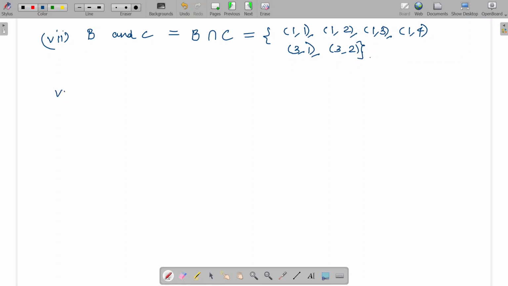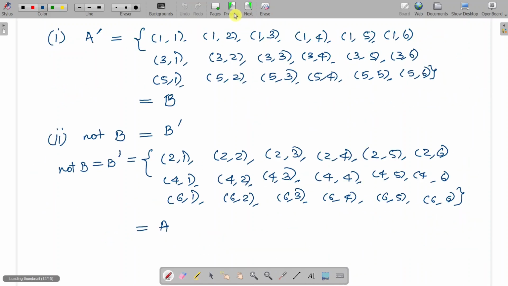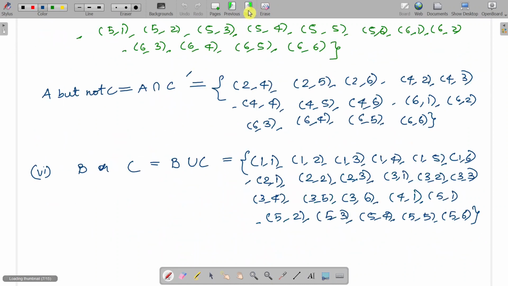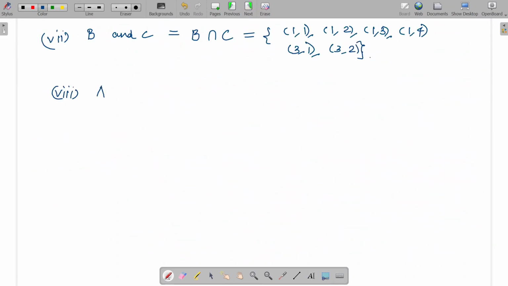So now let us look at the eighth question. Eighth is A intersection B complement intersection C complement. So instead of finding all this here, B complement, we can write what? B complement is A, right?